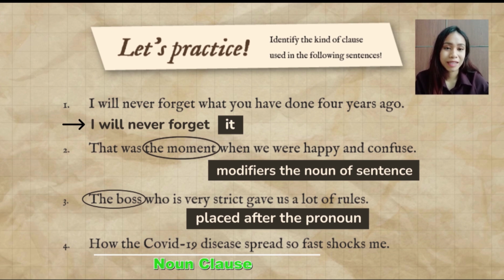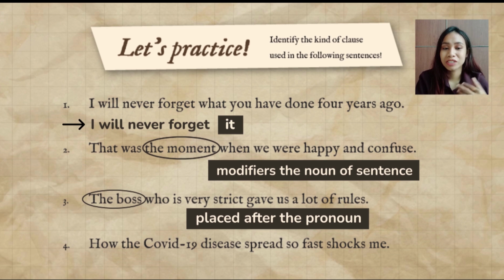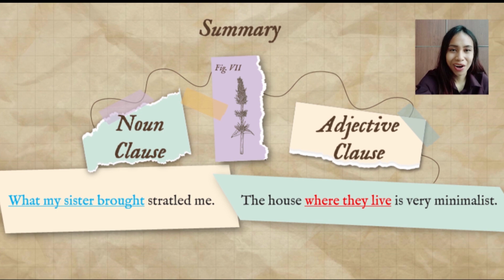Why? Because you can substitute the words with the pronoun it. So we can say, it shocks me, right? It is still understandable and sensible. You are doing a very great job.